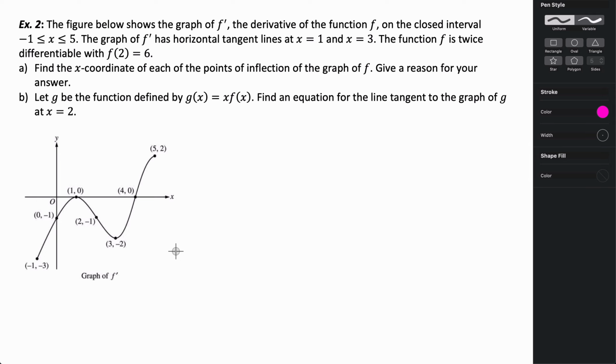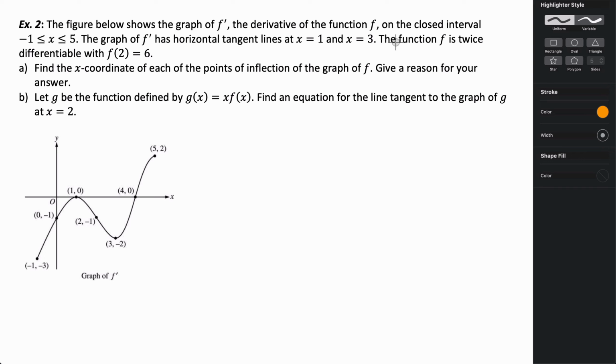In the second example, again, we're given the graph of f prime. You can see right here it says the graph of f prime. We are told that the function f is defined on the closed interval from -1 to 5. The derivative has horizontal tangents at x equals 1 and x equals 3. So that's going to give us information about the second derivative.